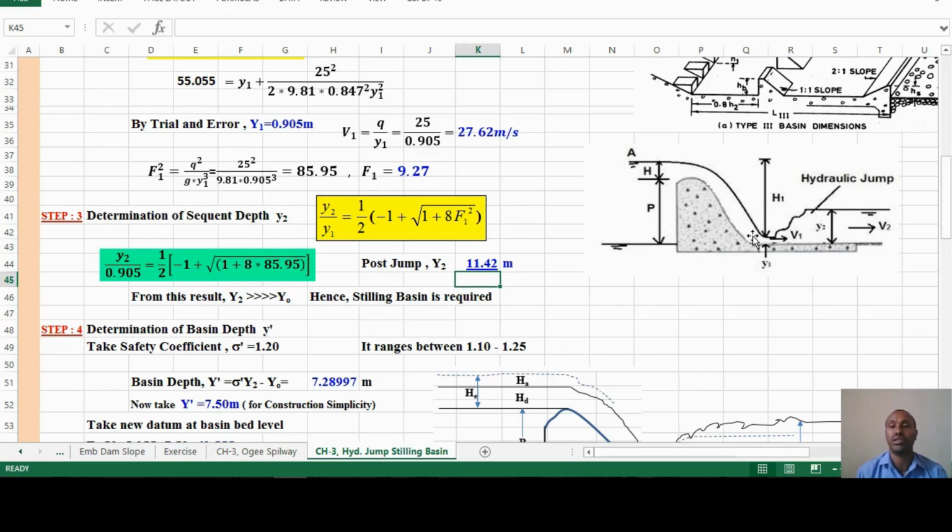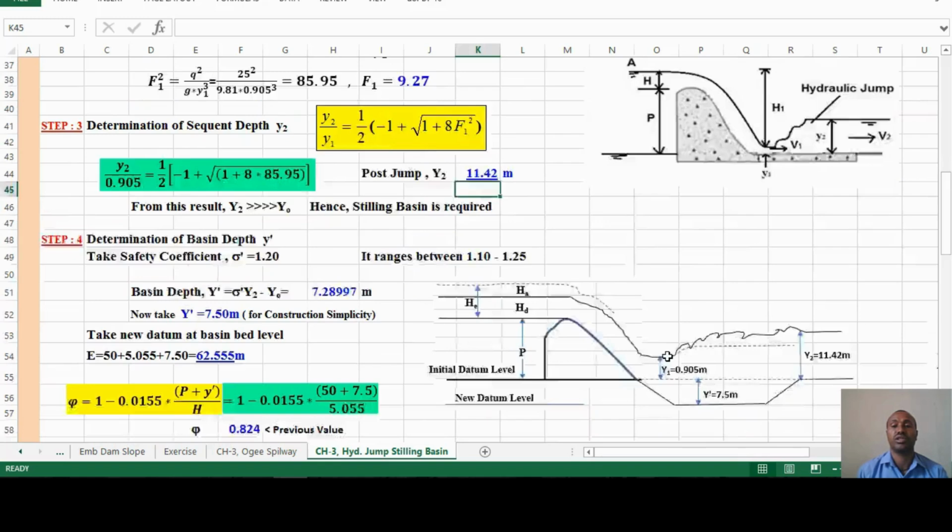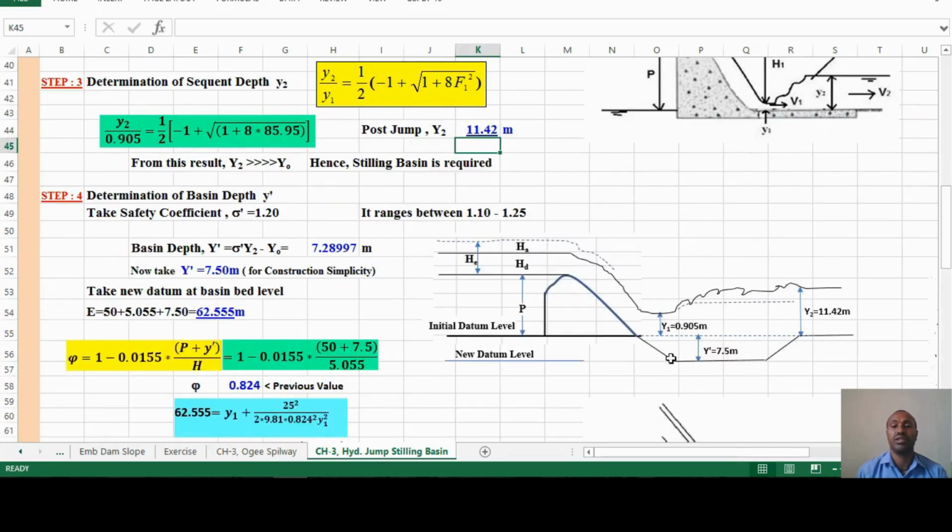You have to provide a stilling basin somewhat deep here. You dig, then provide the stilling basin so that energy will be dissipated by circulating here, then the flow goes uniformly in this direction. This is important: a stilling basin is required since y2 is much larger than the uniform flow depth.